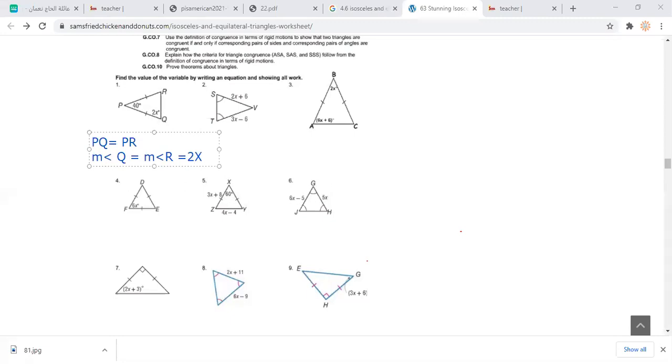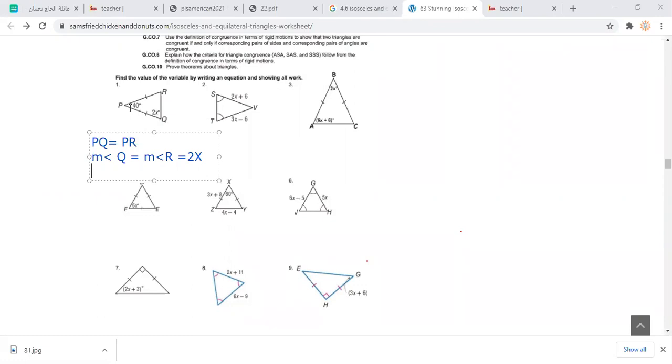Then after that, what do you know about the sum of measure of angles inside a triangle? 180. And already we have measure of angle P equals 40, right? Then measure of angle Q plus measure of angle R should be equal how many?